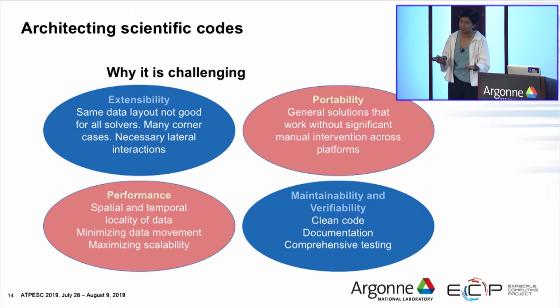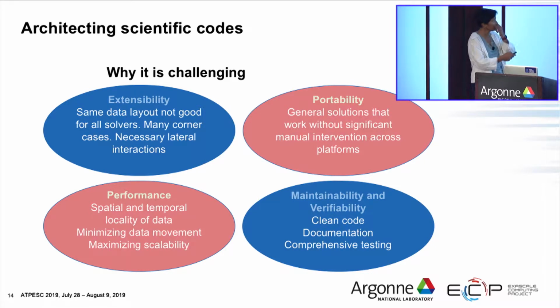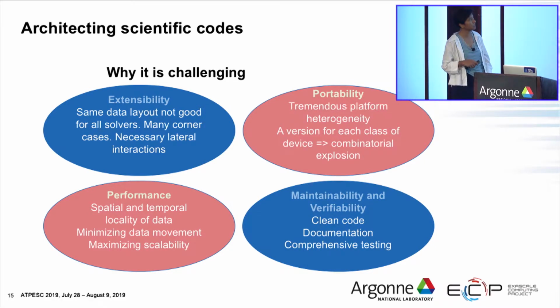If you're modeling two phenomena using two solvers, but they have lateral dependencies on one another, there is no getting around it. You have to deal with these lateral dependencies, and that's exactly what is difficult to modularize. So these are the challenges to extensibility.